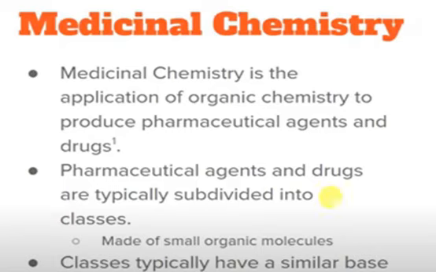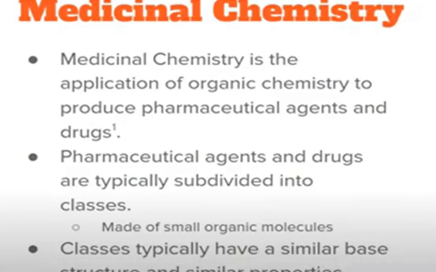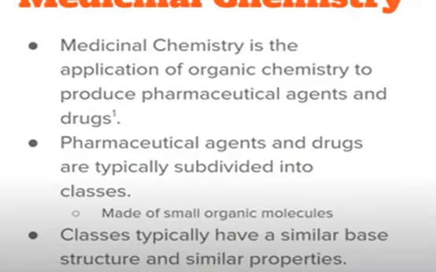In medicinal chemistry we have a basic concept that compounds or drugs that are similar in structure have similar properties, right? So if we have two drugs which resemble each other in structure, we predict that they will also resemble in their biological properties, right?